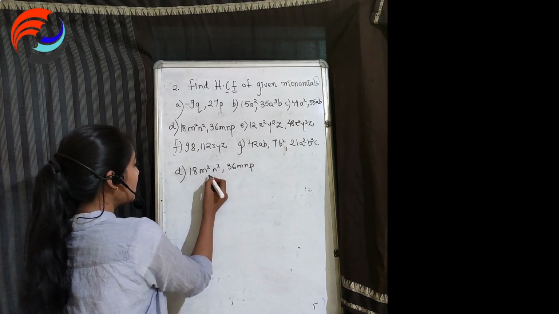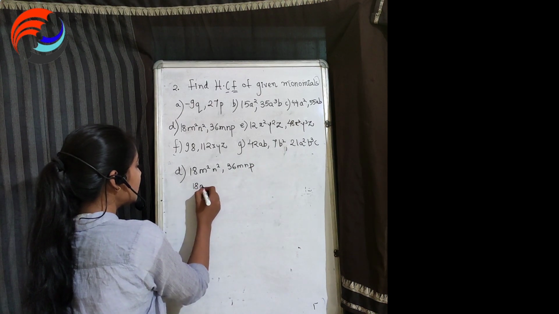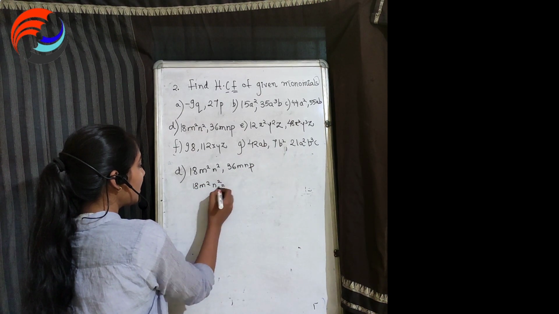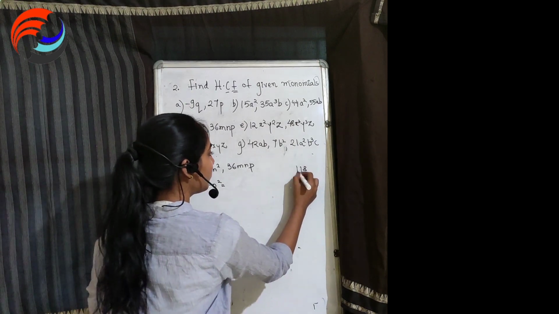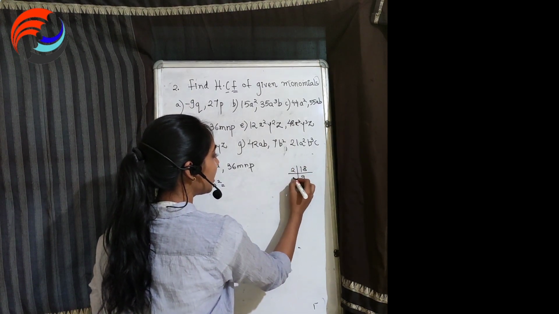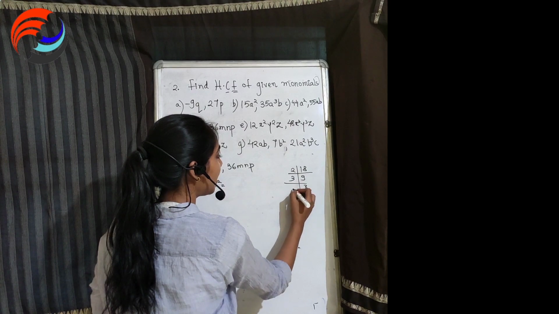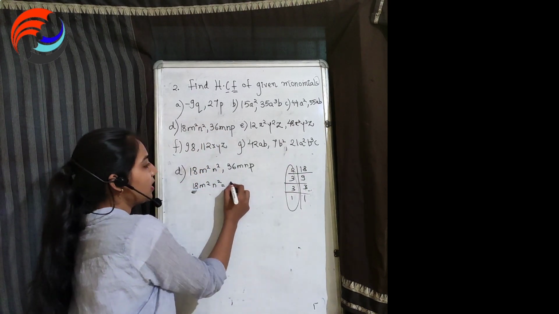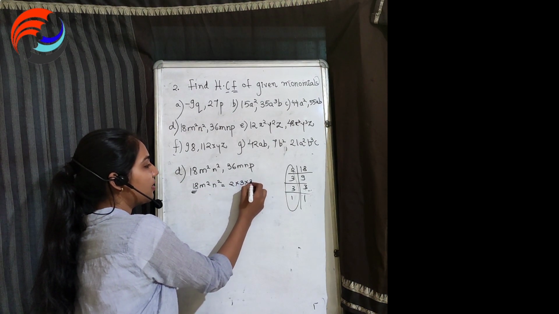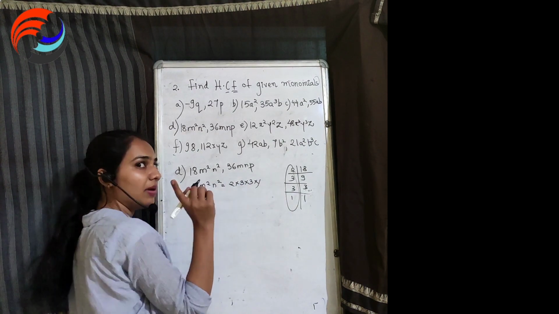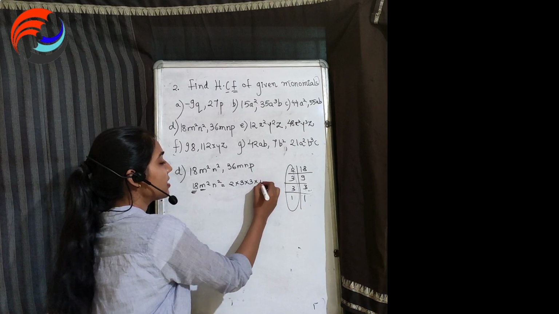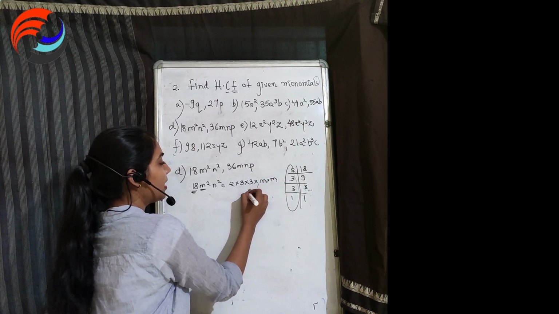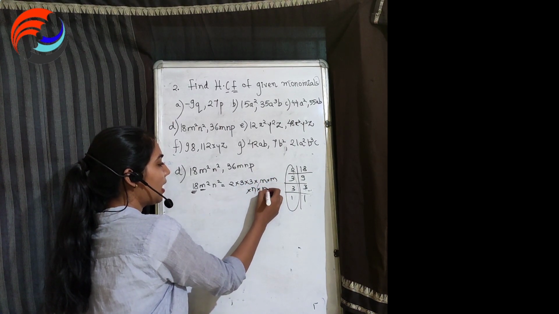So 18 m square n. What are the factors of 18? 2 9s are 18, 3 3s are 9, 3 1s are 3. So instead of 18 we can write 2 multiply 3 multiply 3 multiply 1. M having 2 powers, so m can be written as m multiply m. And n having 1 power, so n.